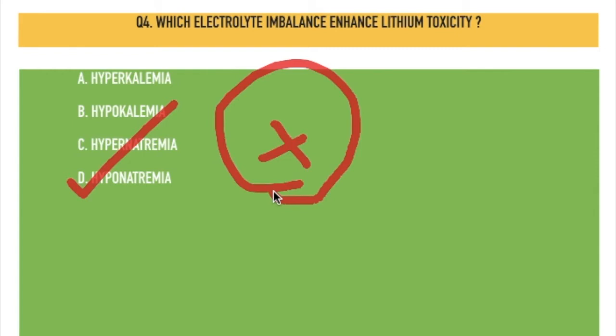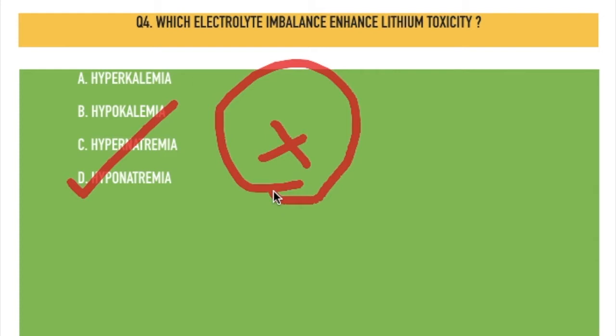Kidney will try to retain sodium. So it will not excrete much sodium, and it tries to retain the sodium in the person's body. In similar fashion, it also retains lithium. If there is hyponatremia in the body, kidney retains sodium and also lithium.